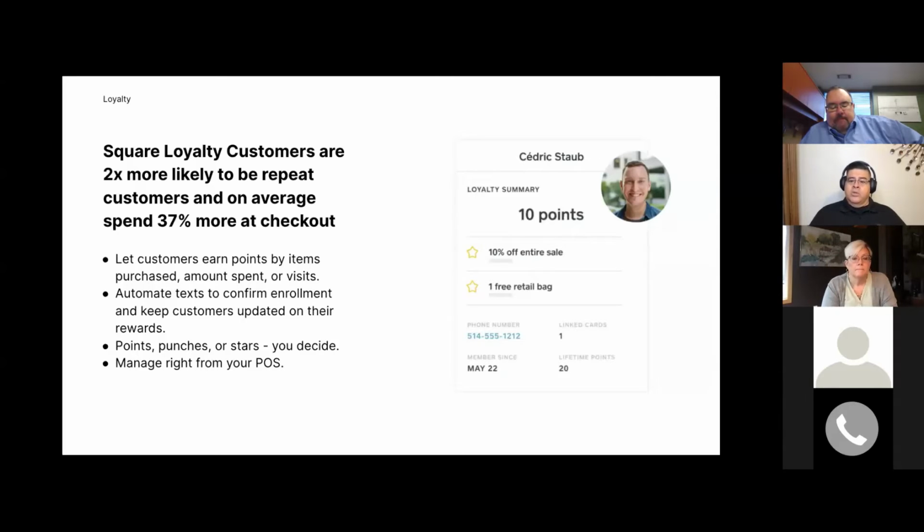They just enroll with their phone number, then it attaches their card to that, whether they use multiple cards. So anytime you swipe your card and put in your phone number, it's going to record that, and they'll start building up points automatically. You can do that with collecting points, stars, or whatever system you'd like to create. And you can set this up per location, or if you have multiple locations, you can set it up for multiple locations as well.